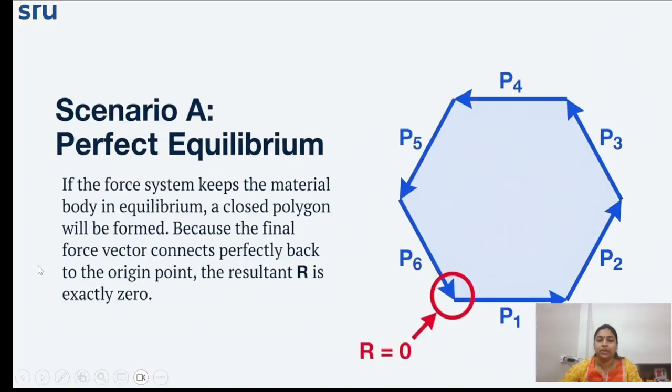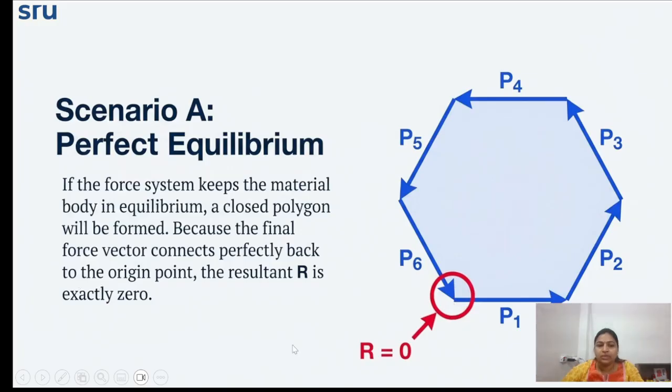So in the case of a closed system, if the force system keeps the material body in equilibrium, a closed polygon will be formed, because the final force vector connects perfectly back to the origin point, and the resultant will be exactly 0.